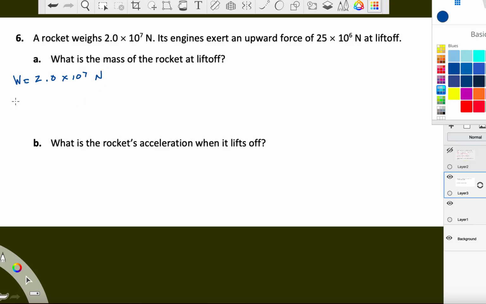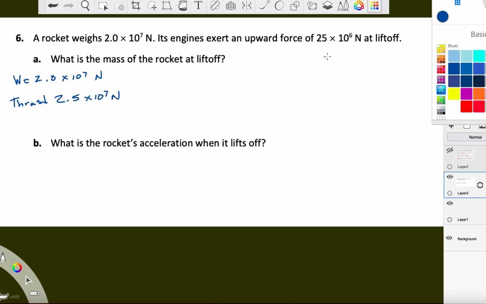And then the force upward, or the thrust, is 2.5 times 10 to the 7th newtons.